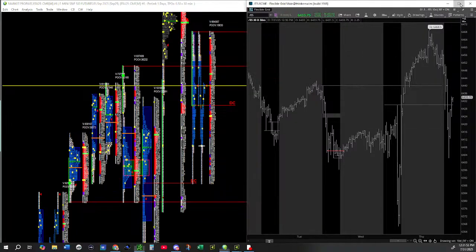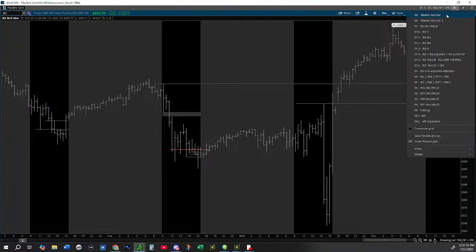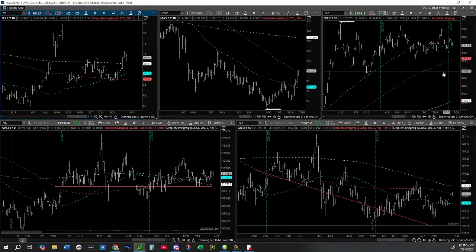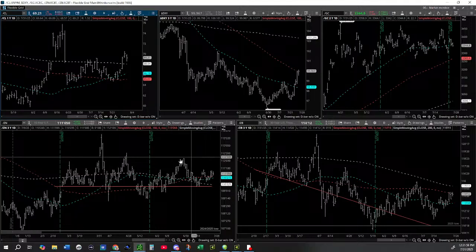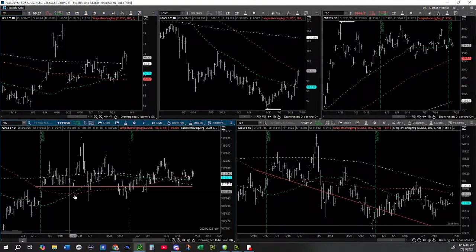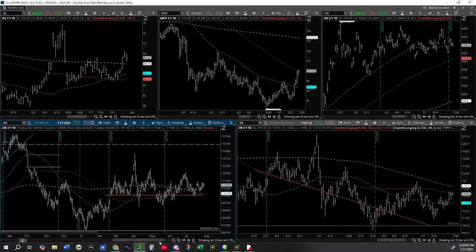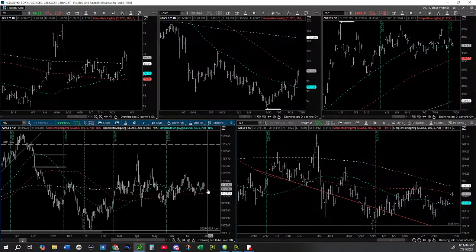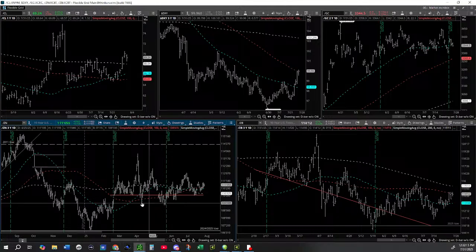Now regarding the markets, what's happening with the bond market here? Now it's building a huge area here, a huge range here, that dates back to the end of February, March, and we can see this range forming here.